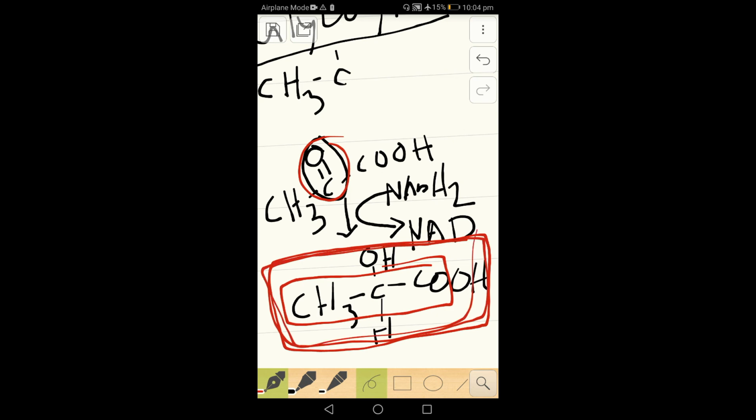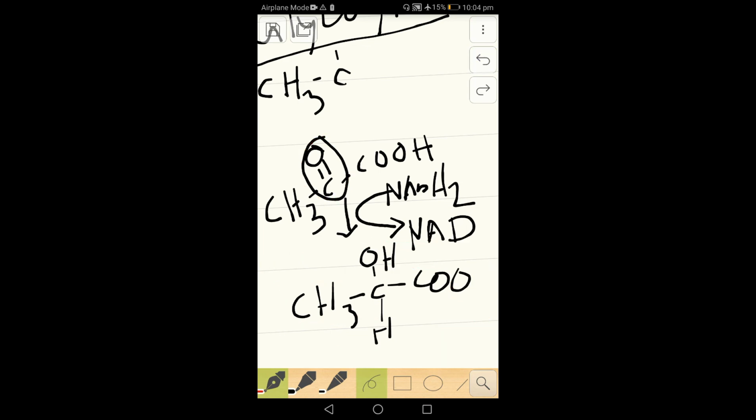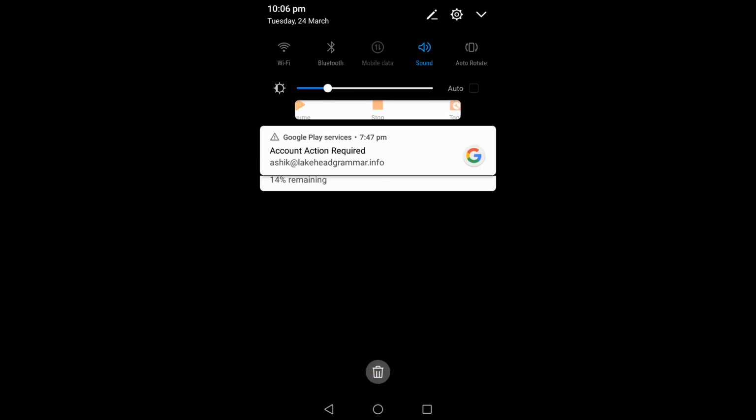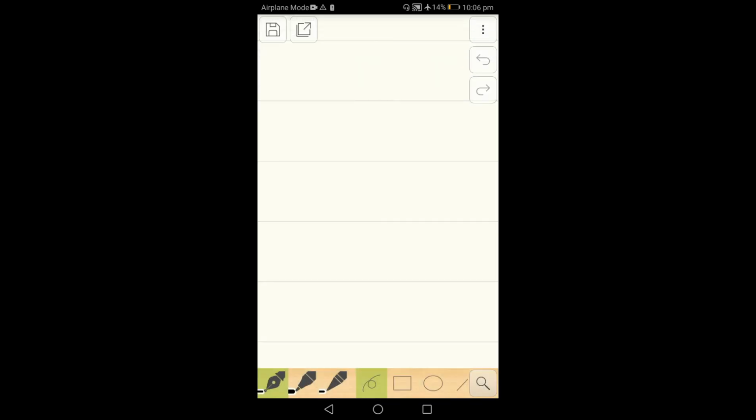But the cytoplasm of bacteria and yeast contains the decarboxylase enzyme. So the reaction that happens in them is that CH3COCOOH is first decarboxylated.